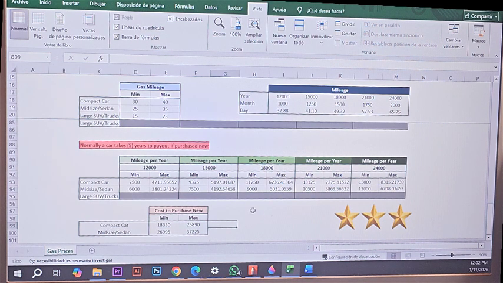So in comparison to the large SUV, in a 5-year period, which is normally what it takes to purchase a new car, and if you're driving 24,000 miles a year, you're saving for the compact car between $8,300 to $15,000. And that's almost the cost of the compact car. So that's how much more money the large SUV is spending on gas during those 5 years in comparison to the compact car. So you almost can buy a compact car by just driving the SUV and filling it up with gas.